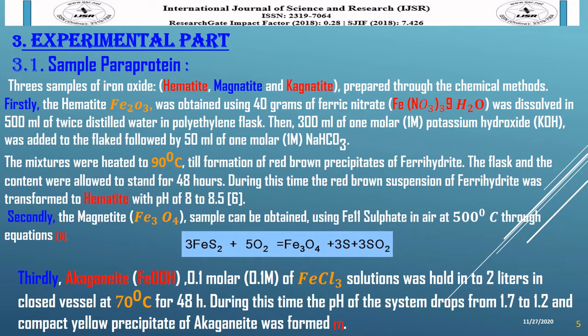During this time, the red-brown ferrihydrite was transformed to hematite with pH of 8 to 8.5.